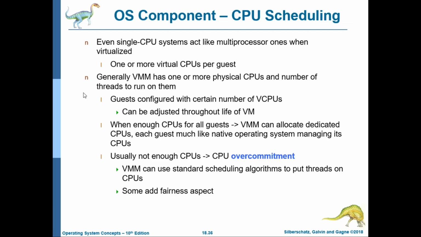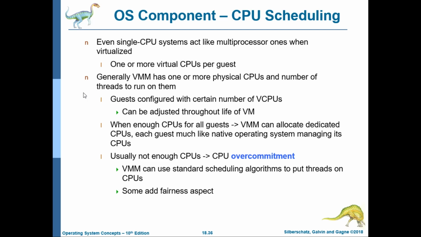First is CPU scheduling. Even single CPU systems act like multiprocessor ones when virtualized, with one or more virtual CPUs per guest. Generally, the VMM has one or more physical CPUs and a number of threads to run on them.